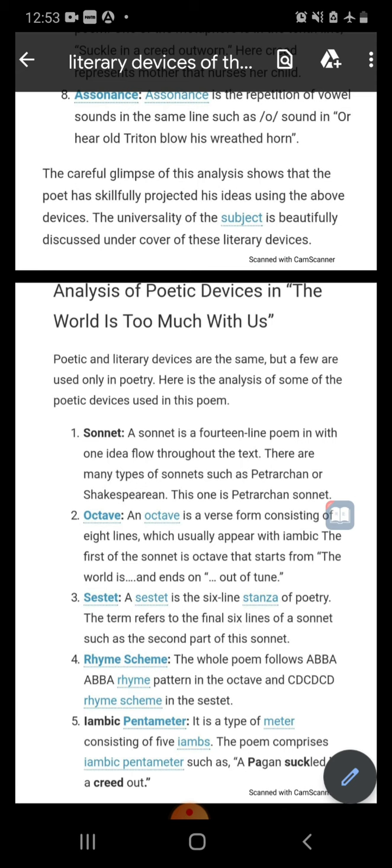Sonnet is a form of poetry which is used by many writers, as Shakespeare wrote many sonnets.